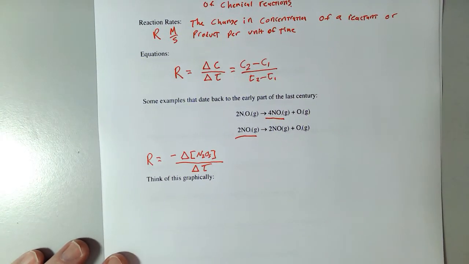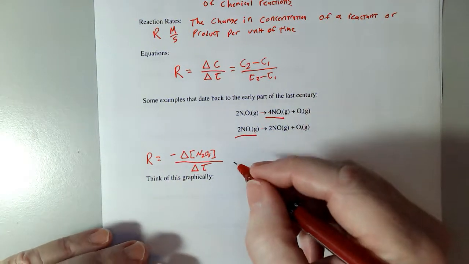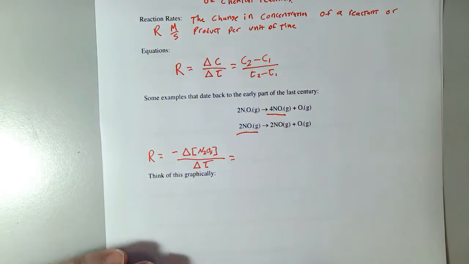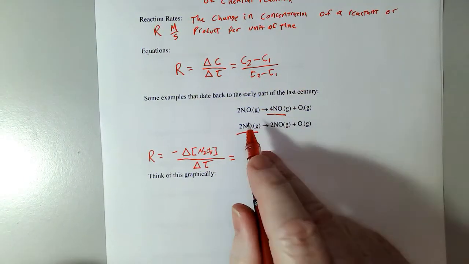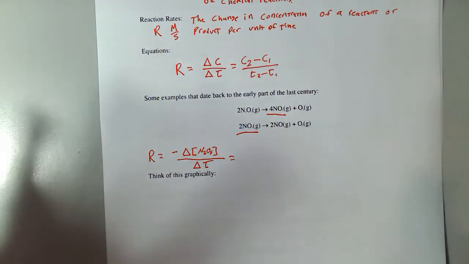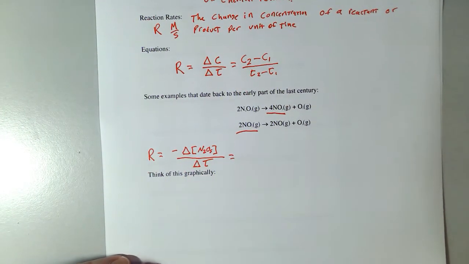Now we have defined the rate that way. That's how we're considering rate, okay, for this reaction. Which means we put the negative sign because N2O5 is a reactant and it gets used up. So the slope for that line would actually be negative, and we don't want a rate that's negative, so we put that minus sign there.